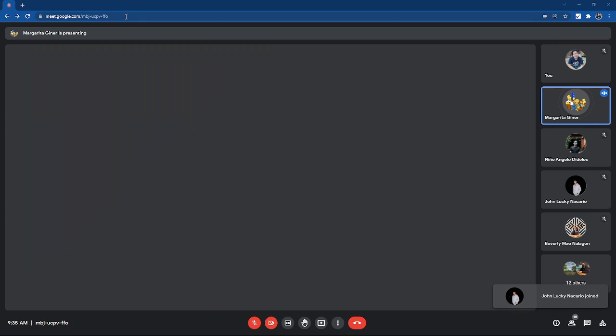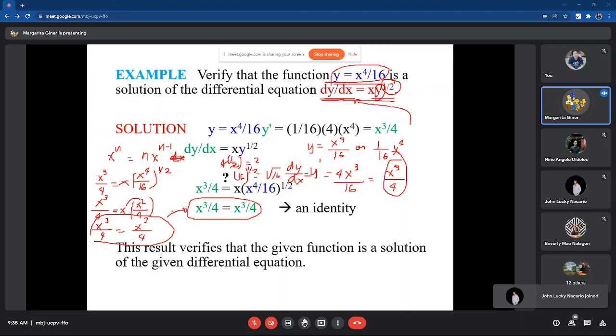So this becomes x cubed over 4. Multiply, and you get x cubed over 4. So they are the same. That is sir's shortcut. This is how you solve if the function is a solution of a differential equation.